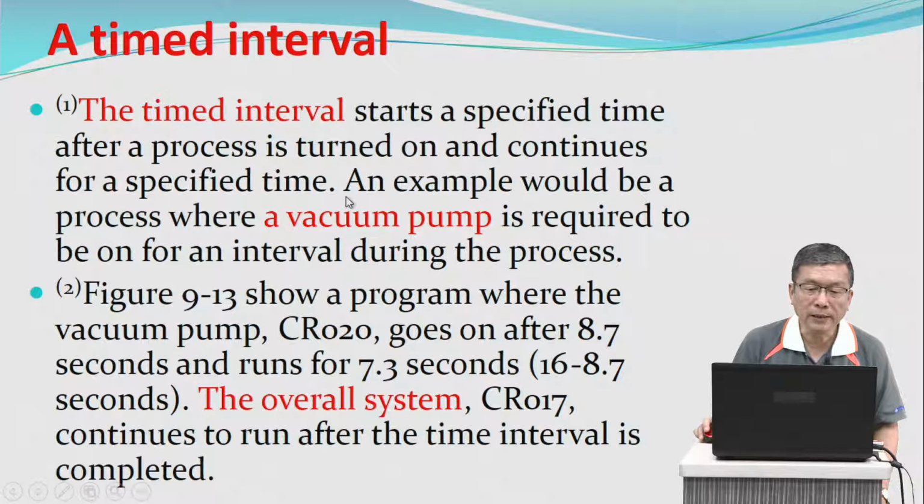The timed interval starts a specified time after a process is turned on and continues for a specified time. An example would be a process where a vacuum pump is required to be on for an interval during the process.